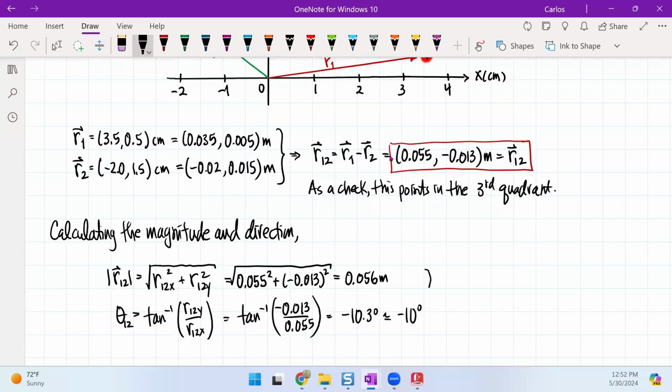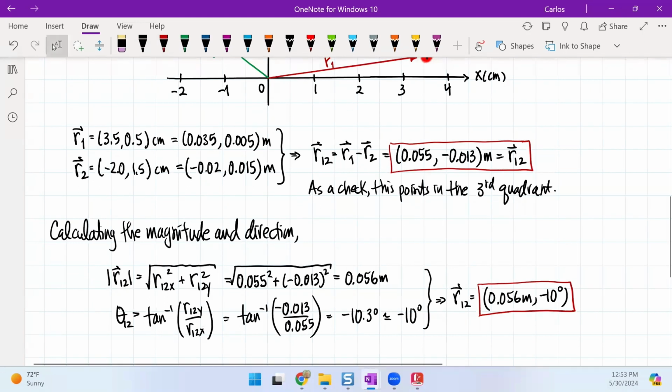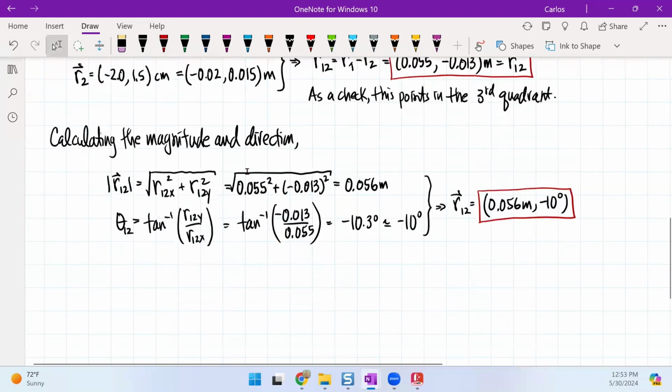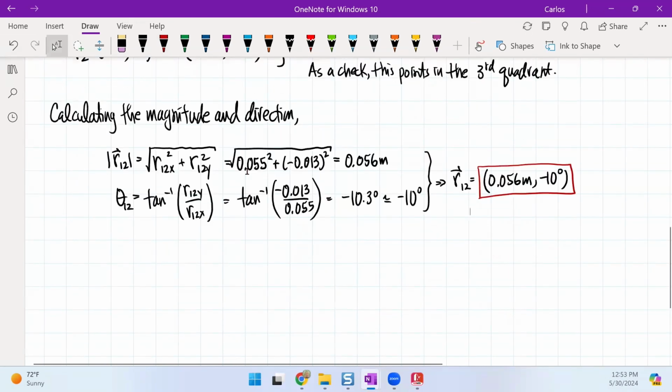So now I have my vector form, which tells me that R12 is going to be equal to a magnitude of 0.056 meters and an angle of minus 10 degrees. And when I say that, that's from the x-axis. So once again, in different notation, I have the vector in components and in vector form. We typically do everything in vector form.